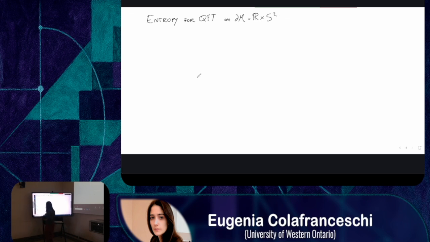So first I want to remark something that maybe is clear for you, but might not be so obvious. In the first lecture we saw that we can compute the transition amplitude between two states using a path integral.